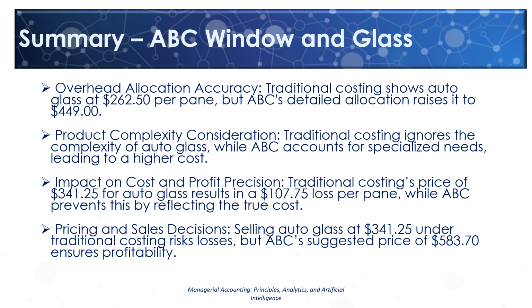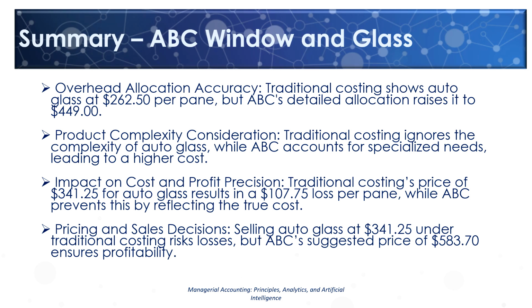Let's assume we sold a pane of glass for $341.25. Under traditional costing, that would result in a $107.75 loss per pane, while ABC prevents this by reflecting the true cost. Pricing and sales decisions are affected. If we sold auto glass at $341.25, we might assume we had a profit, because with traditional costing, we were showing a $262.50 cost per pane.